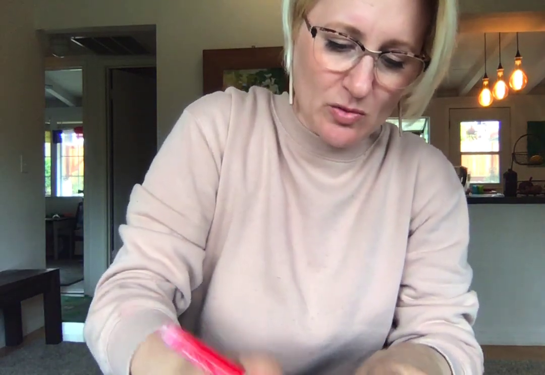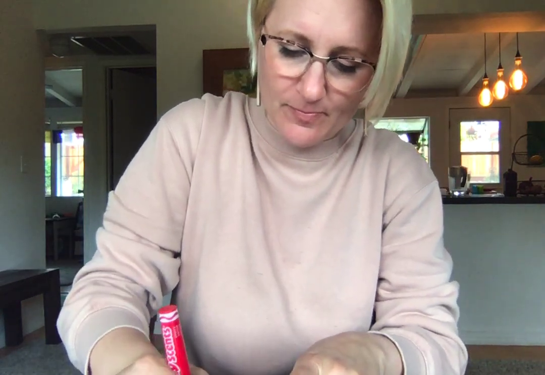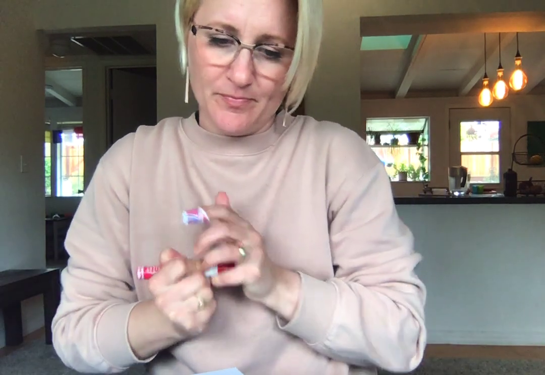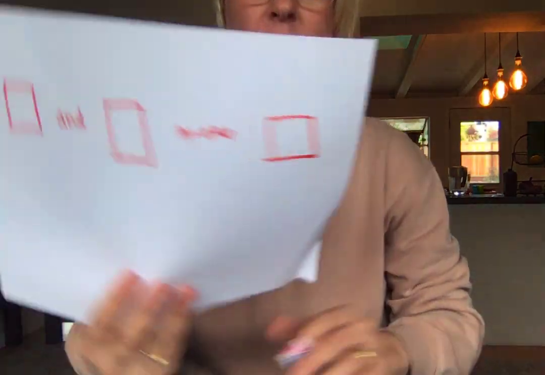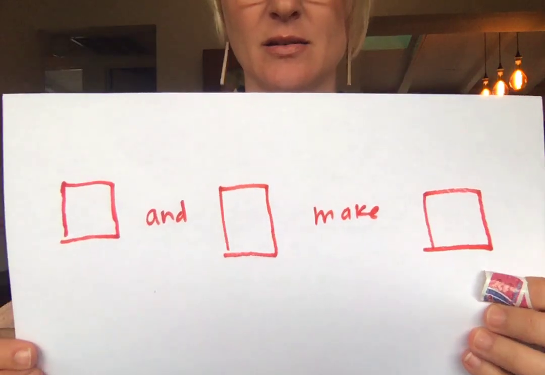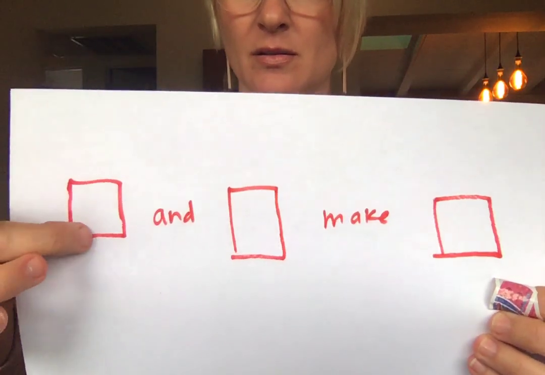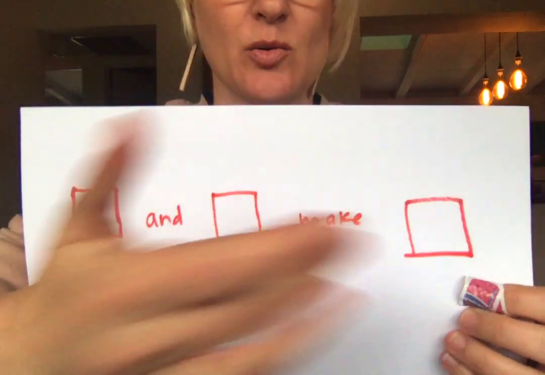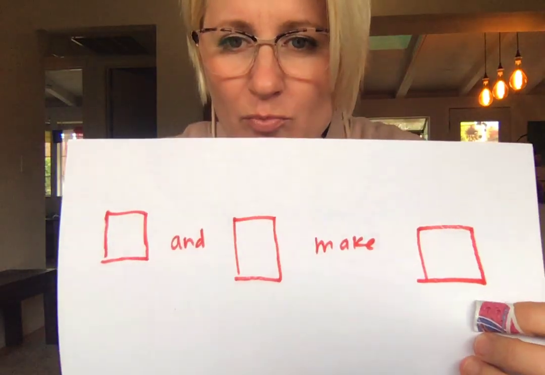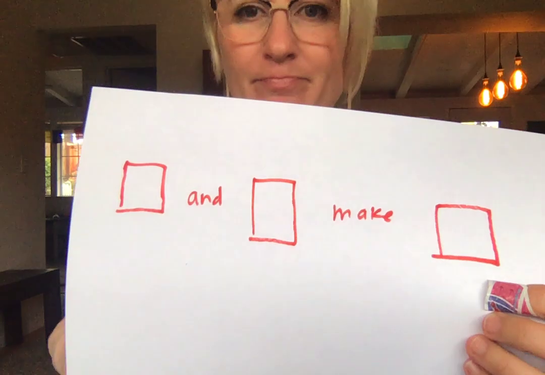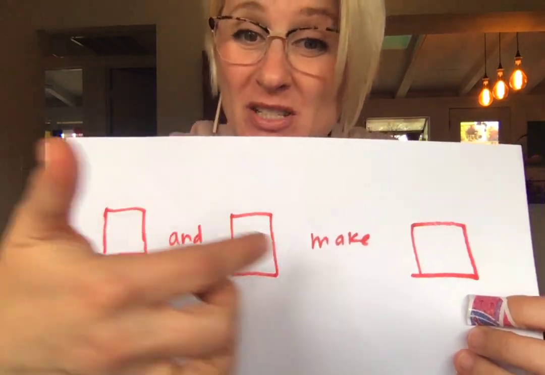There'll be a square, and blank make blank. Okay, so for the first one, see how it says square and square make square. Is that what we're going to leave it as? No. We have to put in amounts here.